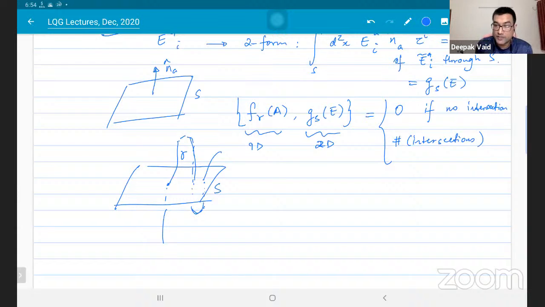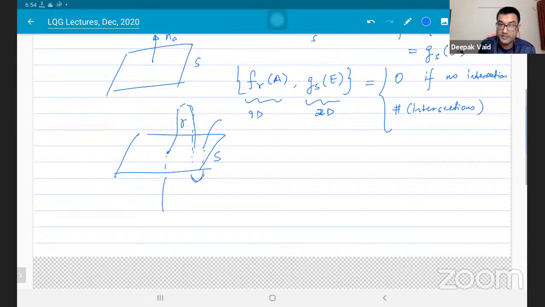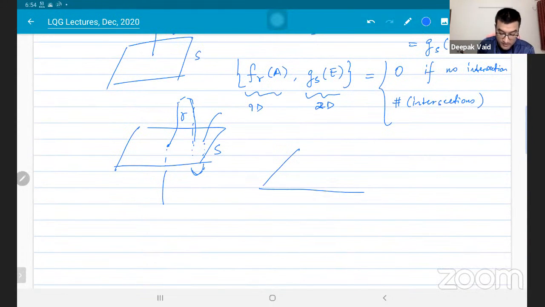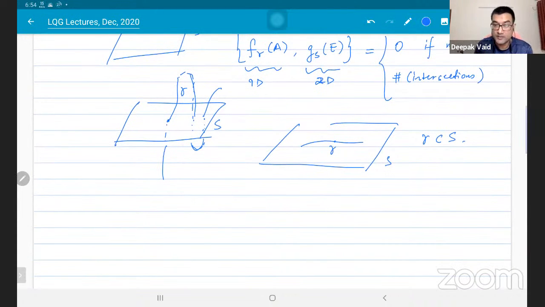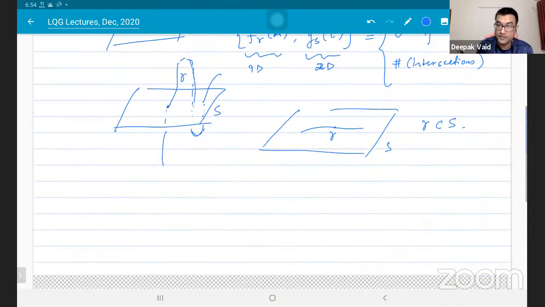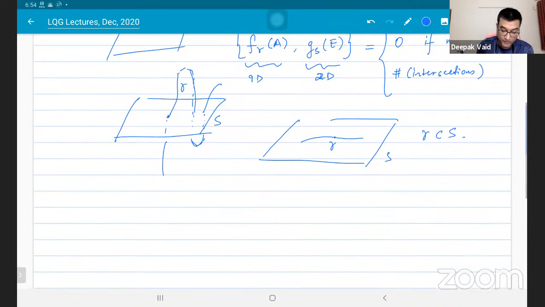And then of course there is a possible degenerate case when the path, this one-dimensional path gamma, lies within the surface. So in that case also one can show that this is zero. Okay.